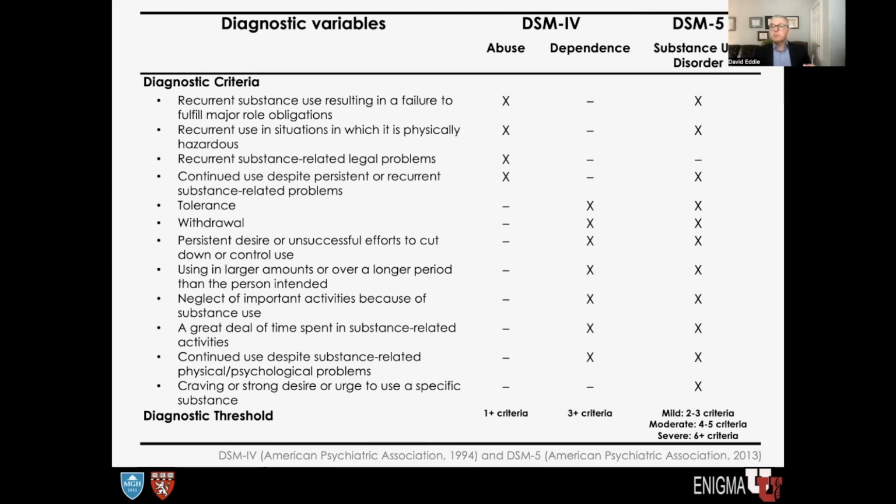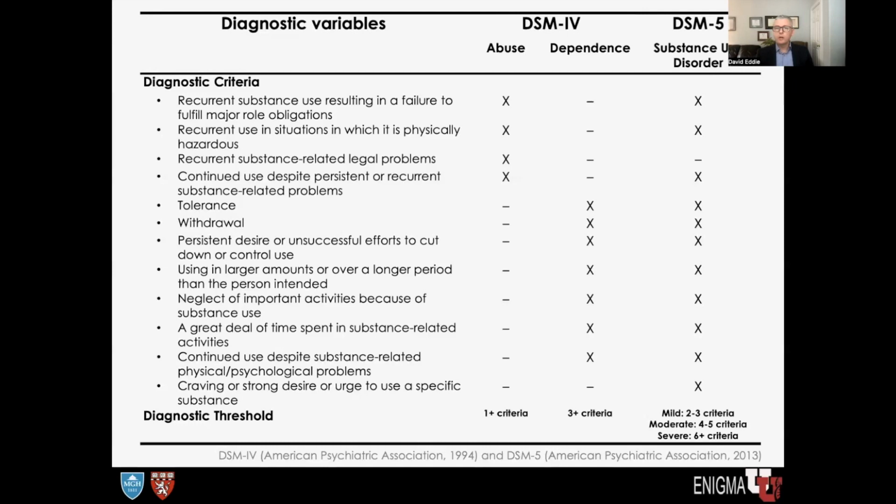So we might say that somebody drinks in a way that's unhealthy, that could produce problems for them later on, medical problems, for instance. But we might not necessarily say they have an alcohol use disorder unless they meet these diagnostic criteria.